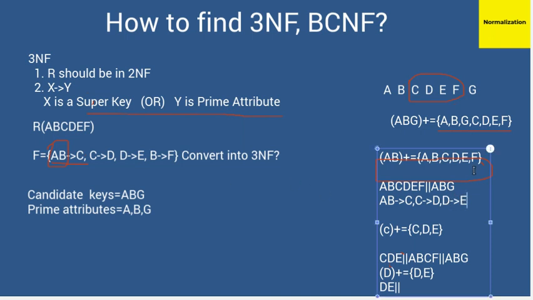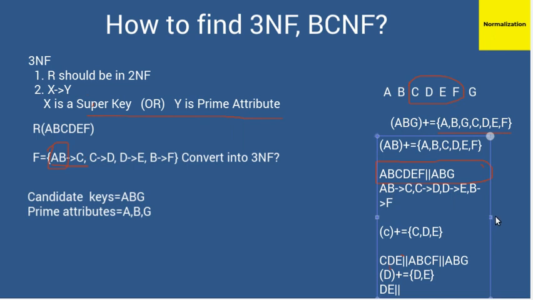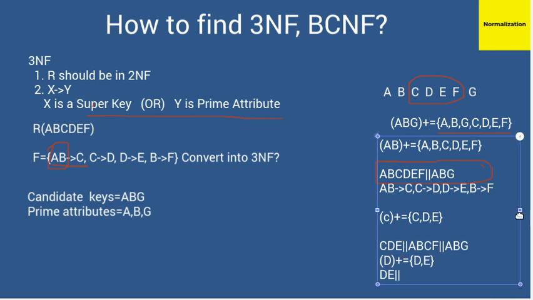B gives rise to F also. So those all come under the first table. In the second table you didn't get anything, but still these functional dependencies all come into the first table.